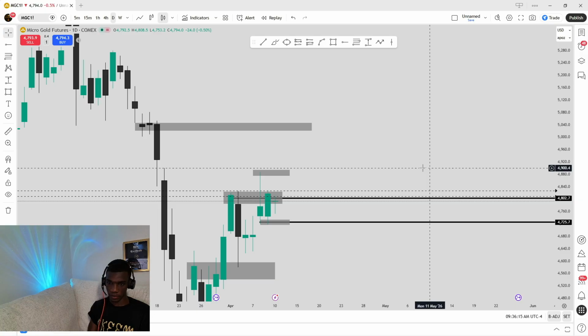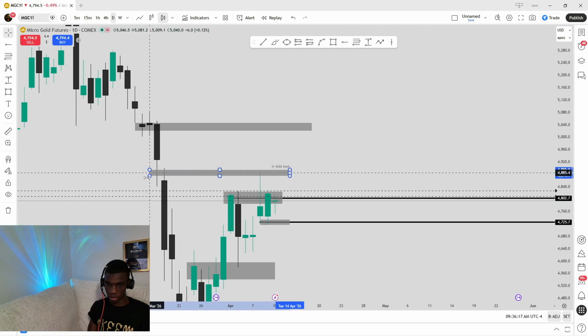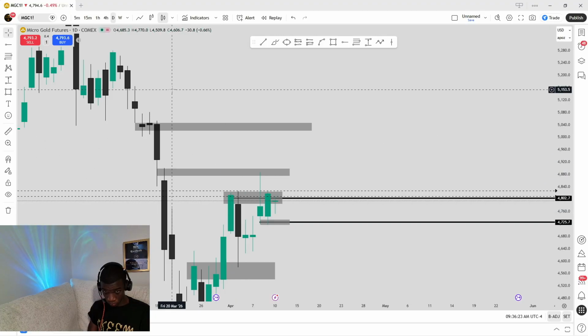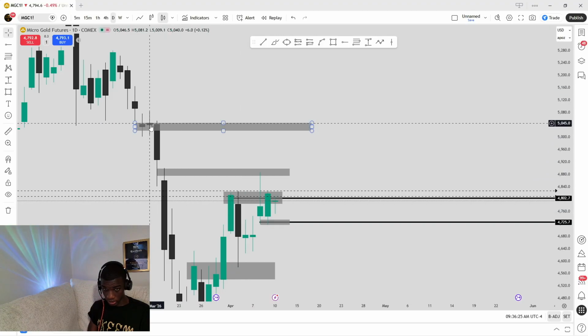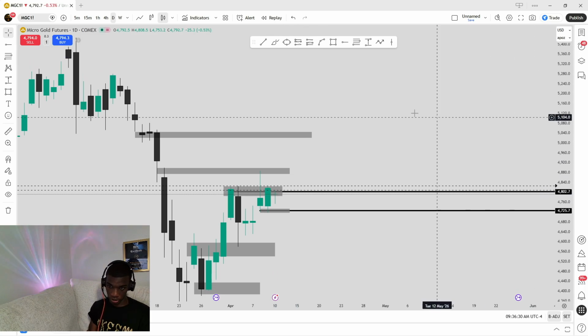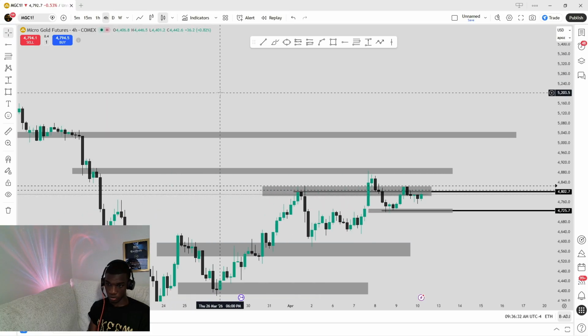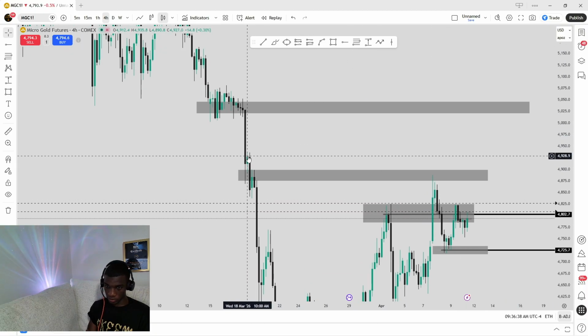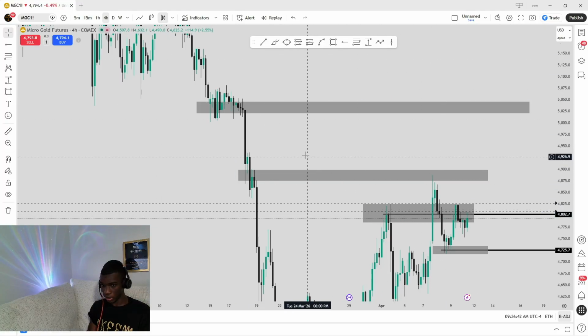That would be the next level of sellers on the daily because this is the sellers on the daily currently. There's no next level here on the daily, so this will be the next level. If you were supposed to trade the daily time frame, we're going down to the 4 hour. We'll get a bit more detail, and I was focusing on this zone because it's more apparent on the 4 hour than the daily.